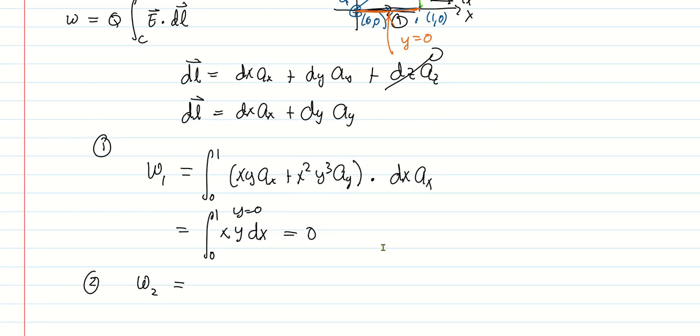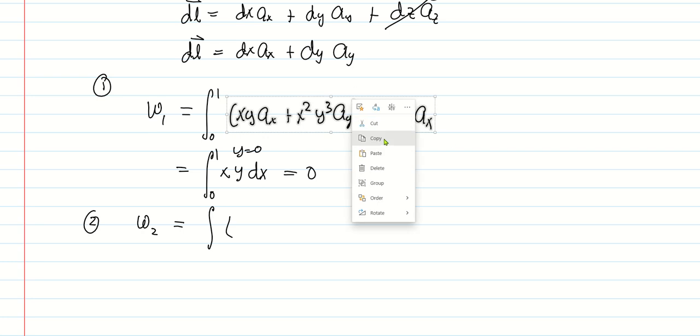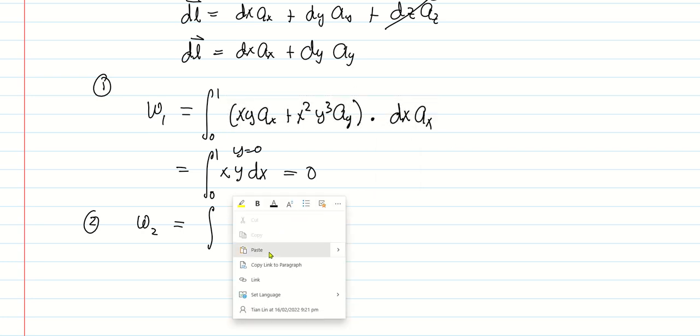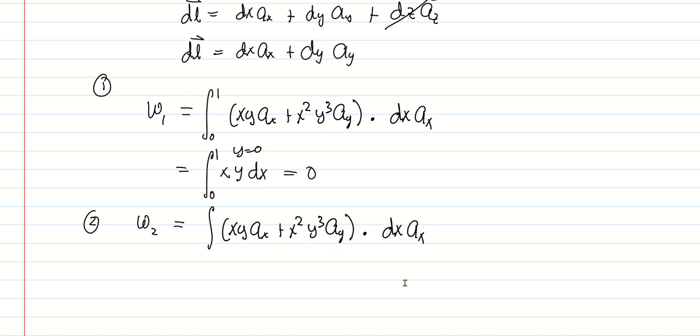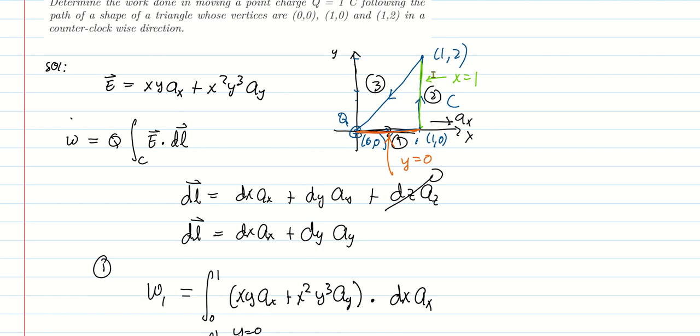So here, now in our integral, again, copy this one, xy, our E. Or just copy the whole equation. Paste it here. Then what do we need to change here? We just need to change our dL here, because we're just going upward here.